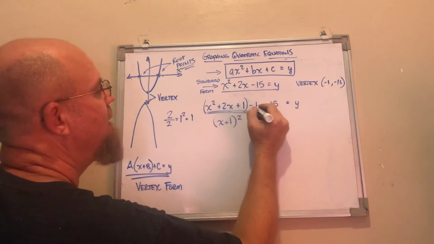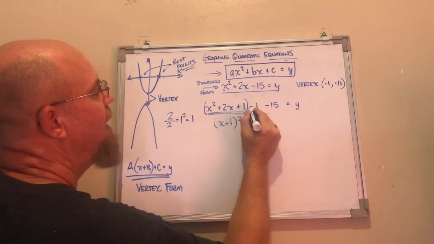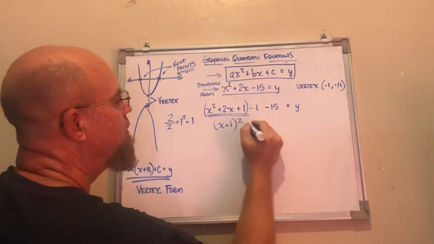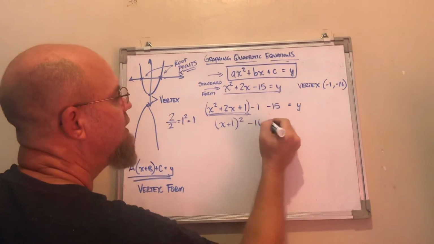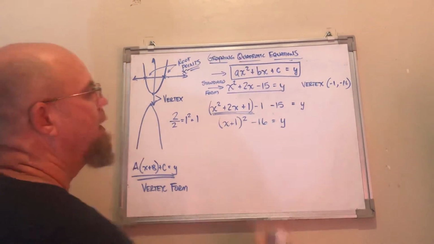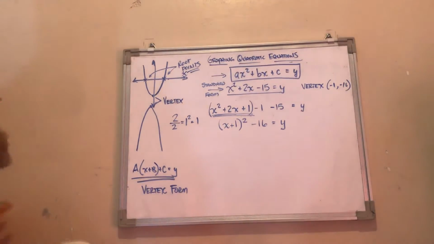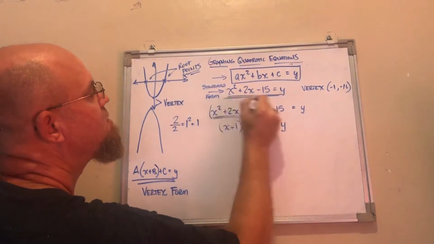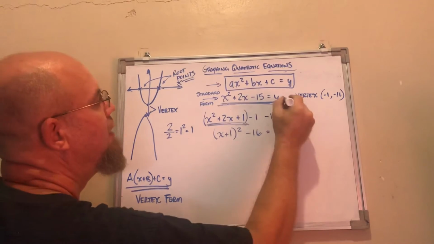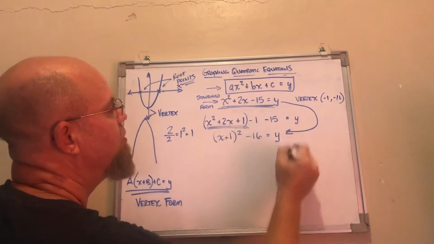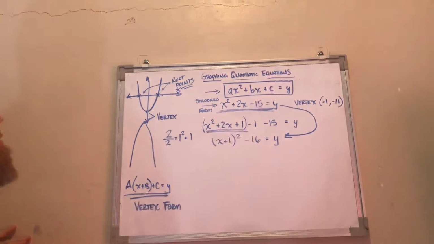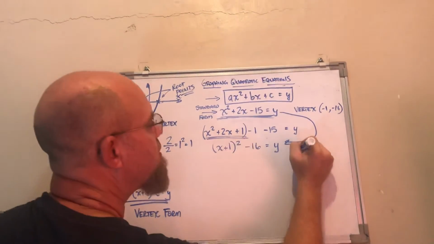And then I've got this guy over here, where I've got -1 minus 15 equals -16, equals y. So now all of a sudden I've changed this standard equation into the vertex form of that standard equation. This is now the vertex form.